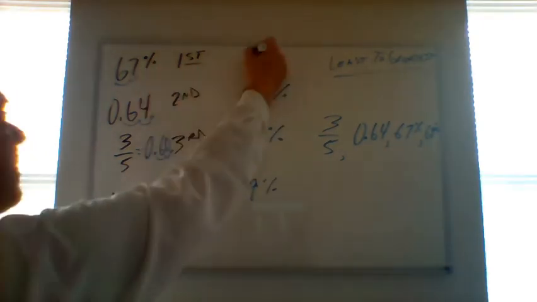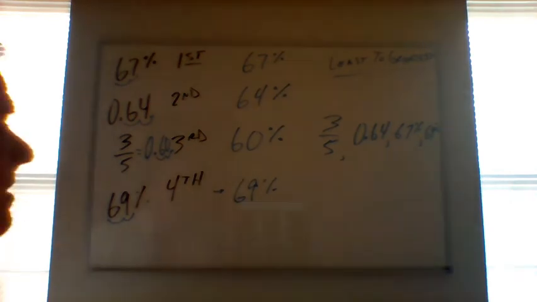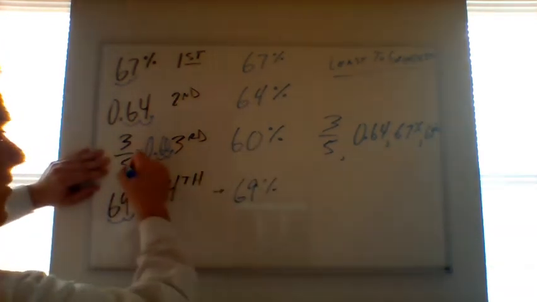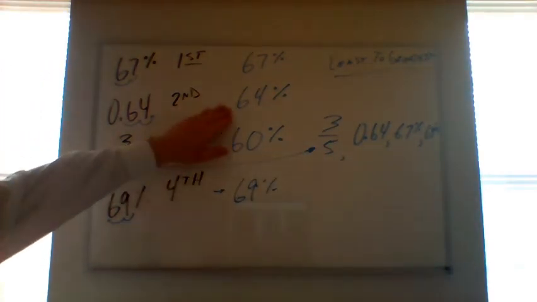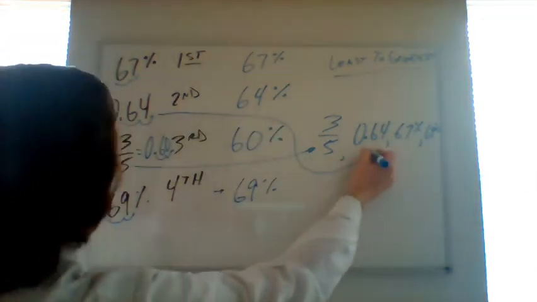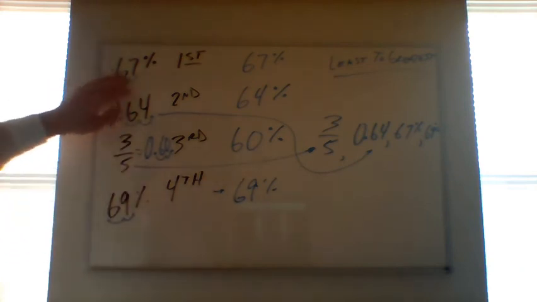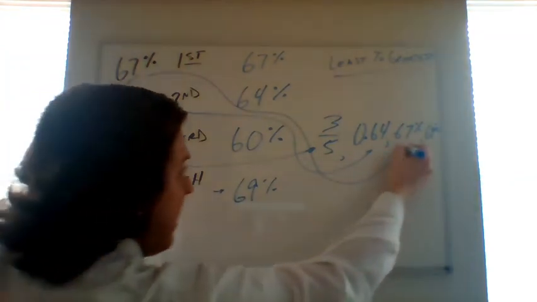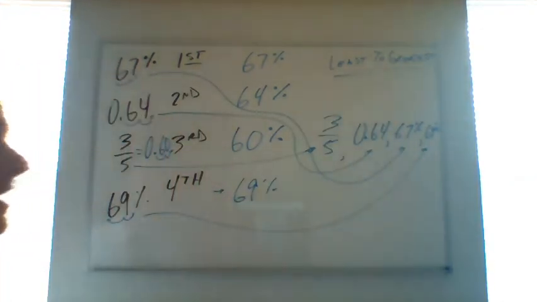And this one's already written as a percent, which is 67. So again, you can see that the smallest percent is 60. So 3/5 should be first because it's the least. The next smallest is 64, which was 0.64 here. And then the next two are written as percent. 67 is the third smallest percent. And then 69 is the greatest.